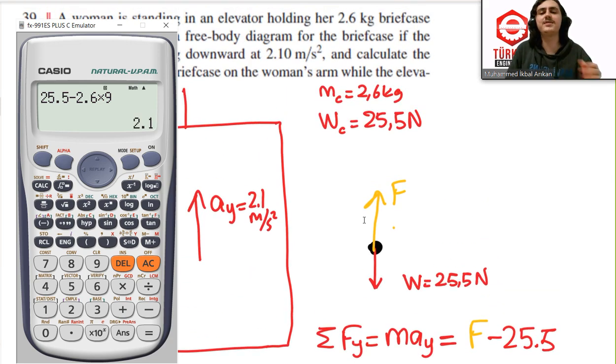So it will be very easy to carry it. What about if you are accelerating up by 9 meters per second squared? So your case will be 48.9 newtons. So you will feel just like a double weight.